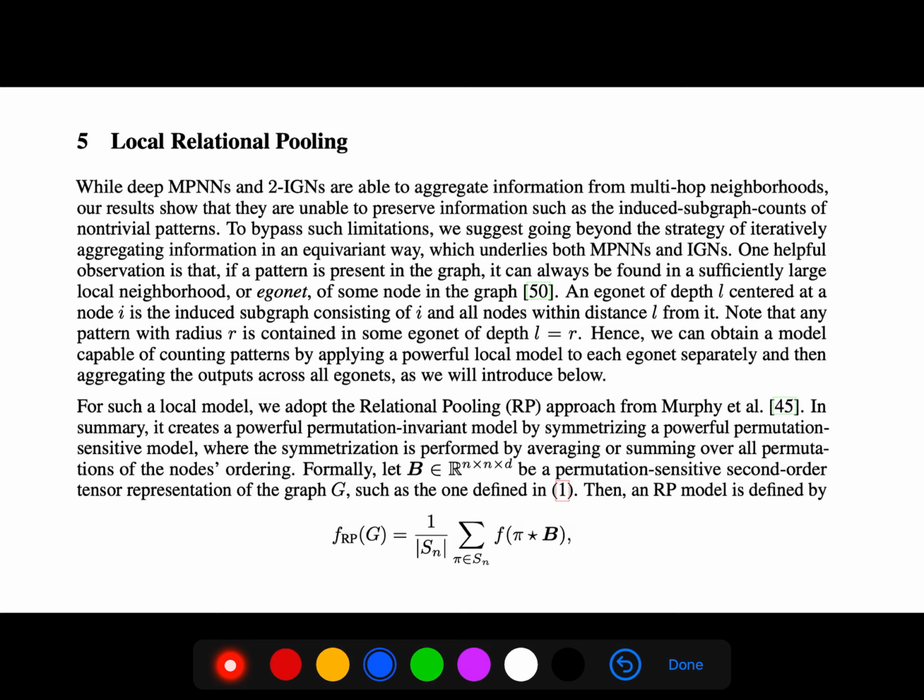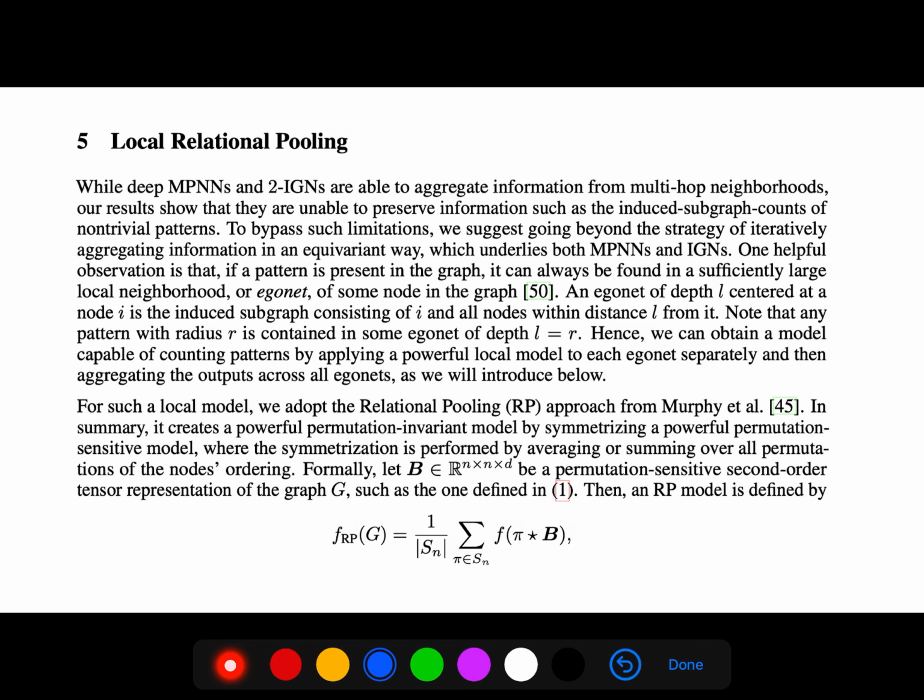For such a local model, we adopt the relational pooling approach from Murphy. In summary, it creates a powerful permutation invariant model by symmetrizing a powerful permutation-sensitive model, where the symmetrization is performed by averaging or summing over all permutations of the nodes' orderings.